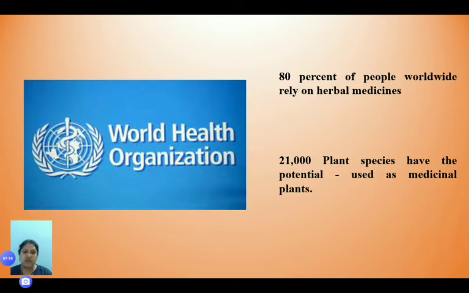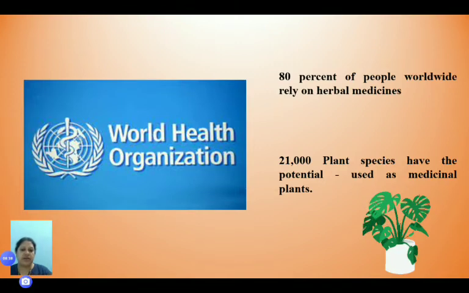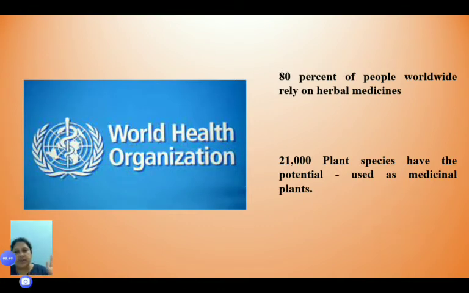So these two data have been given by the World Health Organization. As per the data available, it is informed that three-fourths of the world's population mainly depends on plants and plant extracts for their healthcare needs. So mostly 30% of the entire plant species at one time or other was used for medicinal purposes. So this data is very important.